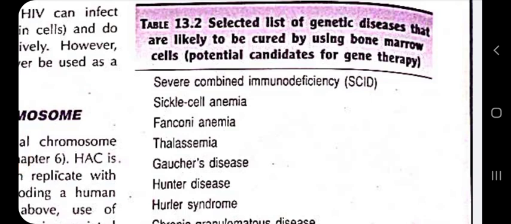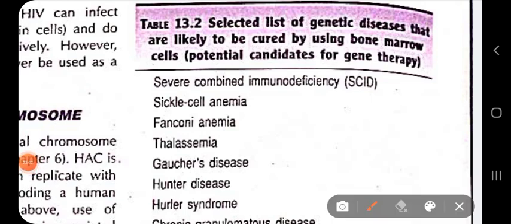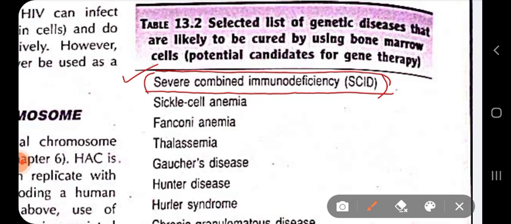Okay, like this disease I am going to discuss with you now. Severe combined immune deficiency, called SCID. This is a serious disease which will disrupt your immune system. To cure that disease, we need a normal gene, because the disease is caused by lacking the function of a certain gene. The name of that gene is the ADA gene.